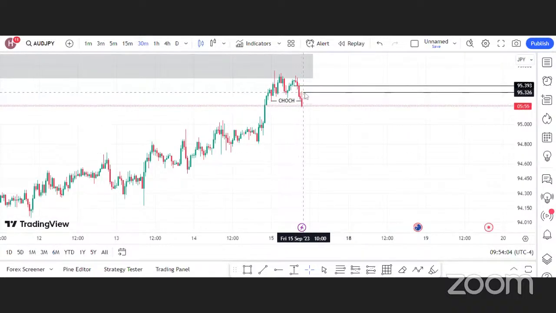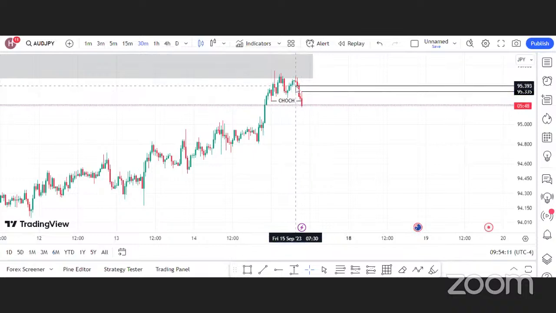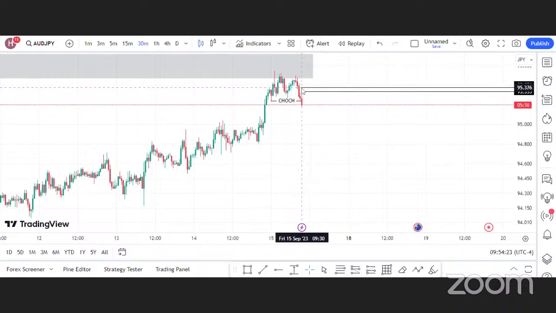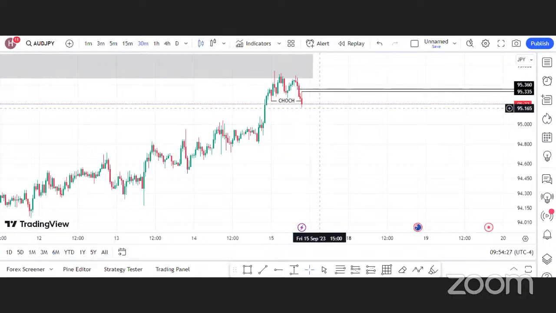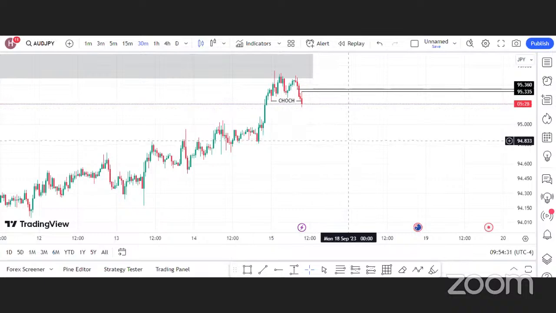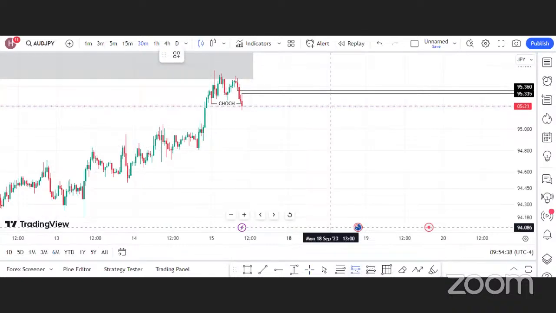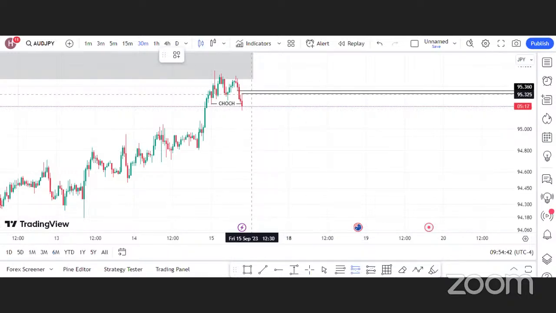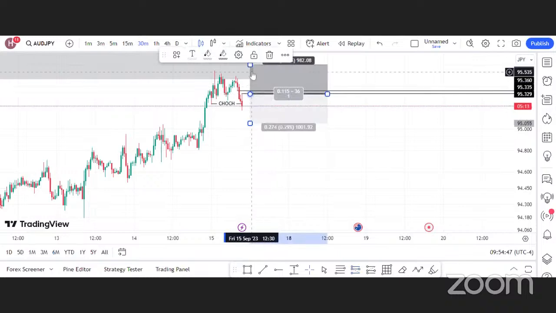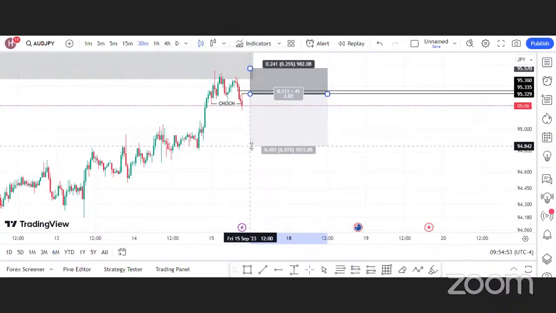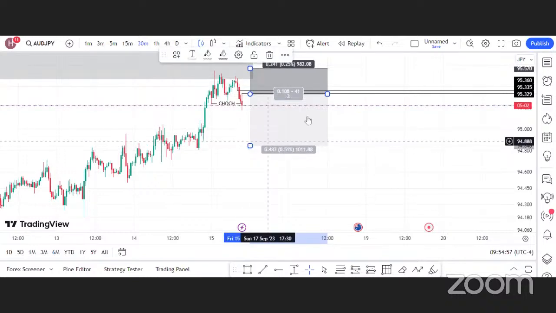So I had this marked out already. If I'm to enter this kind of trade, my stop loss could be around there and my take profit on the recent low, not going too far.